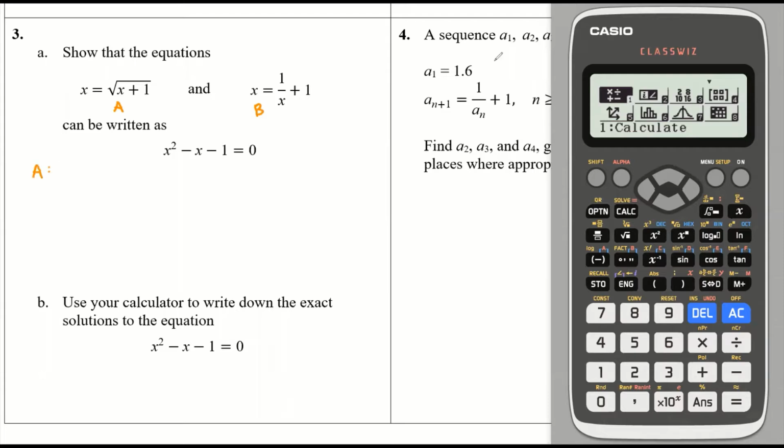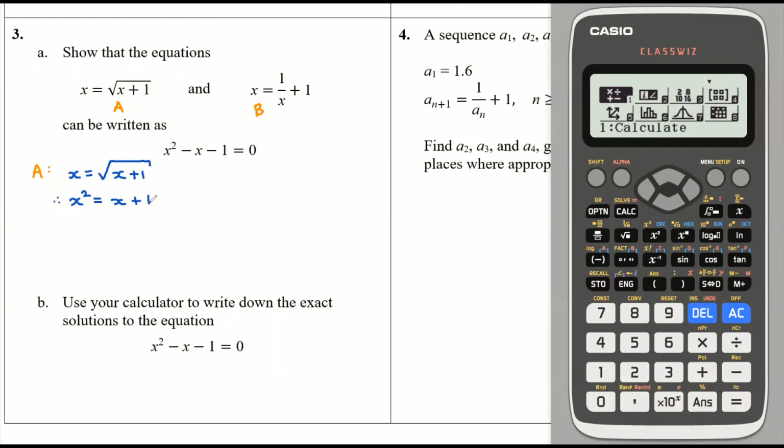Well, if we have x is equal to the square root of x plus 1, what is immediately striking is the square root. We need to undo that square root symbol, and we can do that by squaring both sides. So therefore, if we square both sides, we get x squared is equal to x plus 1.